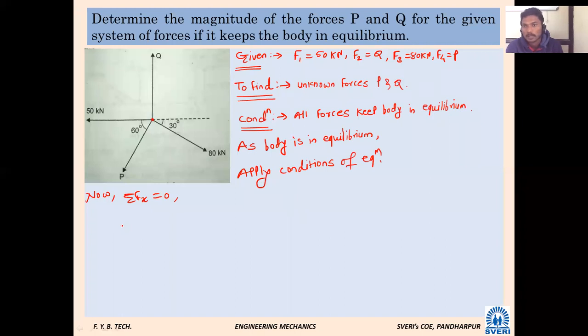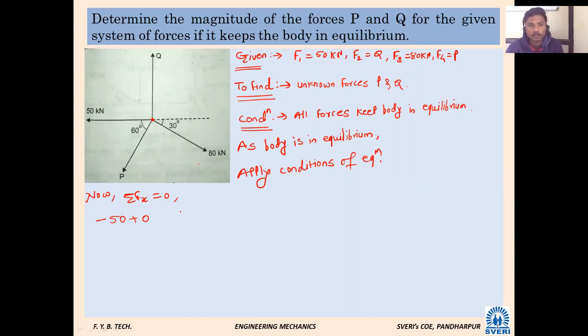Because the body is in equilibrium. Very good. Now tell me, what is the x component of the F1 force? Minus 50 kilonewton. Very good. Next, for force Q? 0, because it is a vertical force.